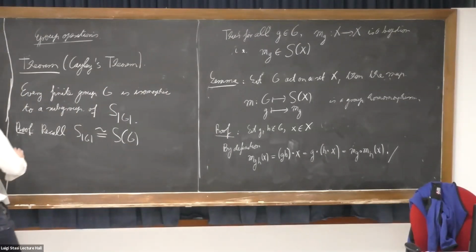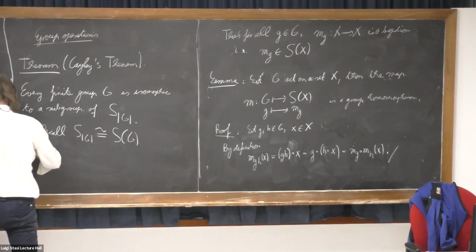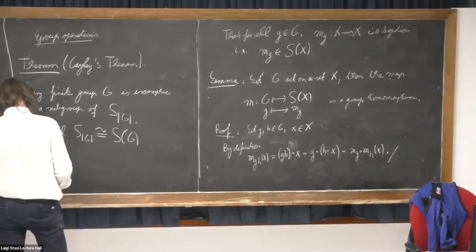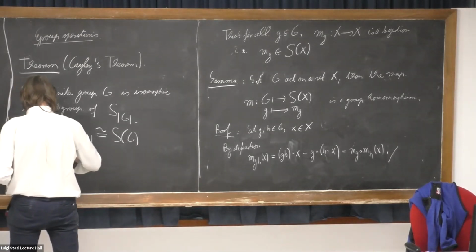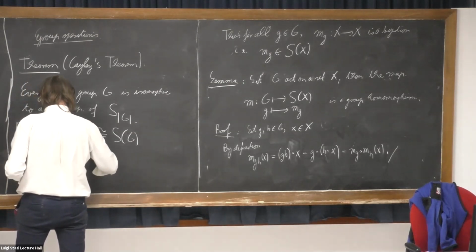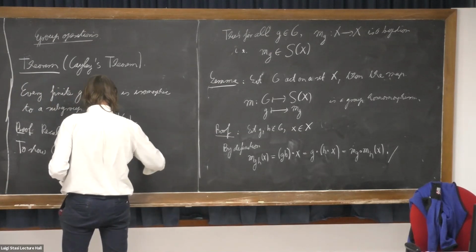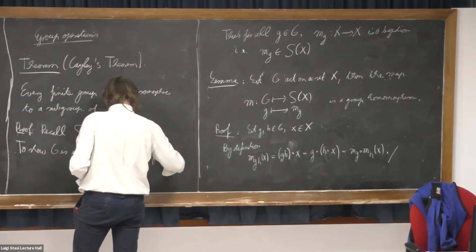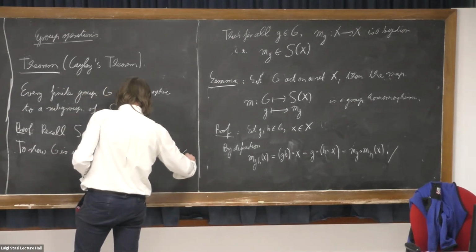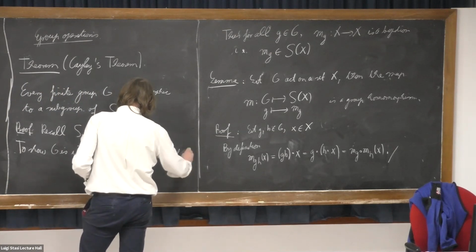So we have that G is isomorphic to a subgroup of the symmetric group on G.